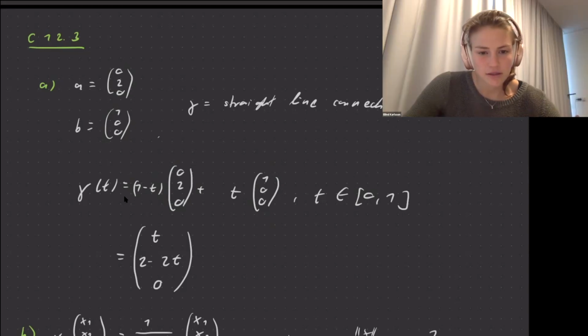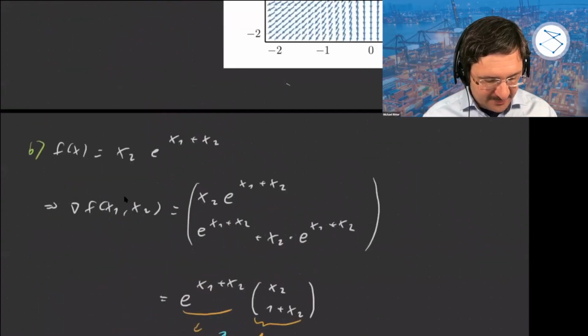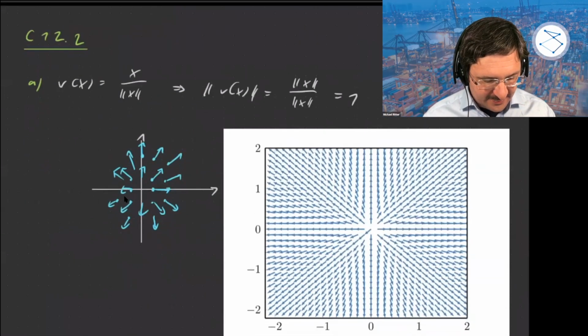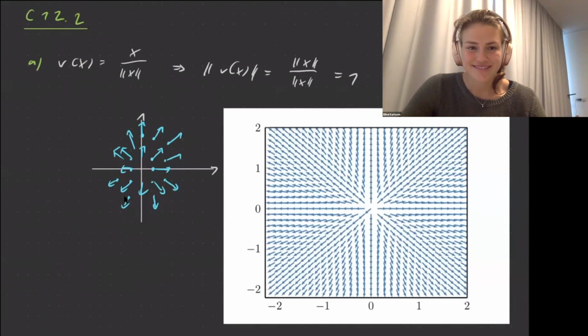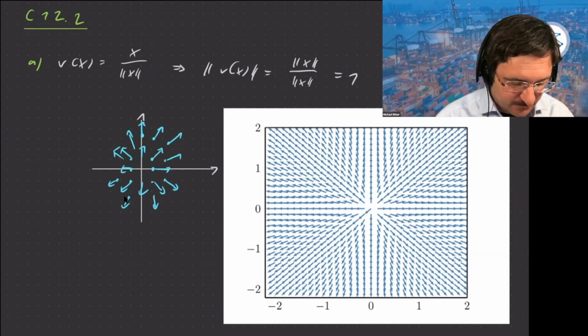Okay, and then there's a question. Could you maybe explain again how we can see or compute the vector field in 12.2a? This one here. That looks like the right one, yes. Okay, basically that is a pretty simple one.